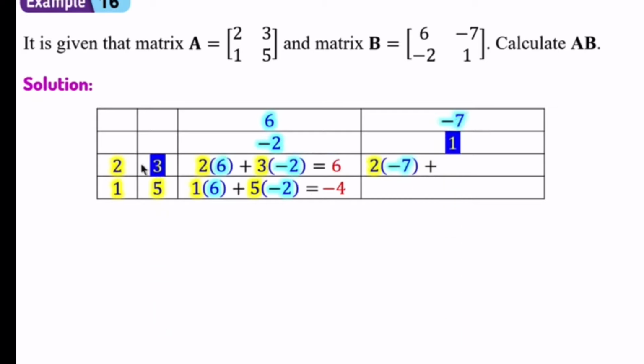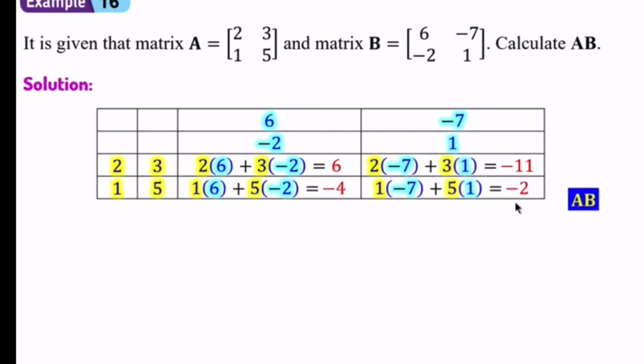Alright. So if you use the table like this, obviously you can see the logic of why we need to multiply like this. So it's 1 times negative 7 plus 5 times 1, right? It's in blue color. So you just sum up negative 7 plus 5, which is negative 2.